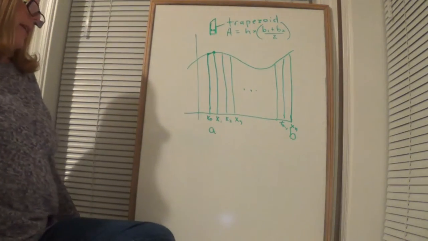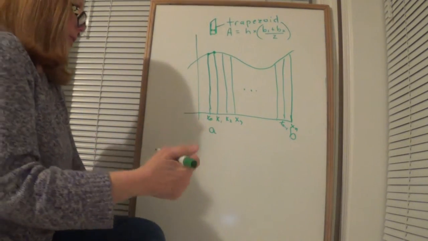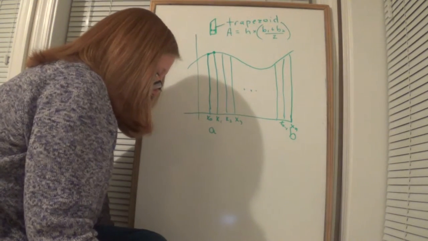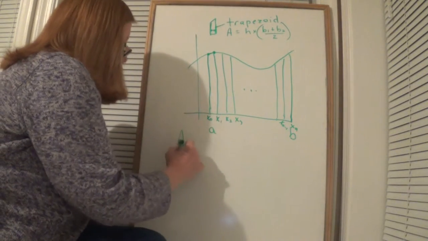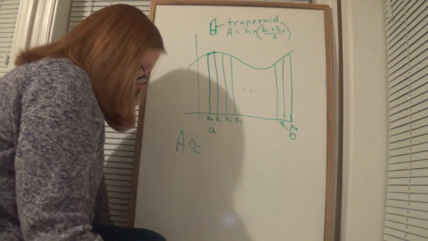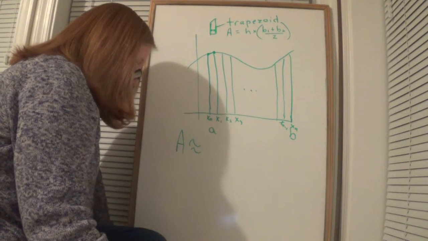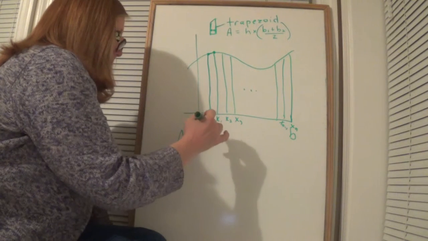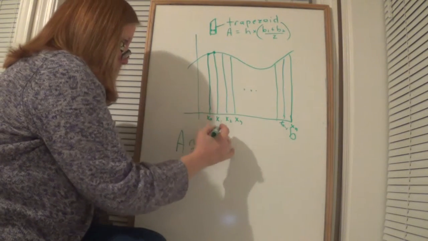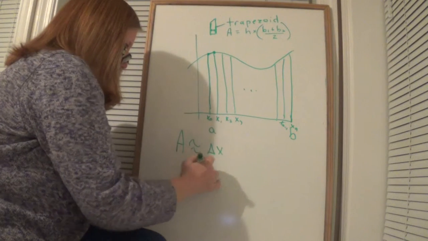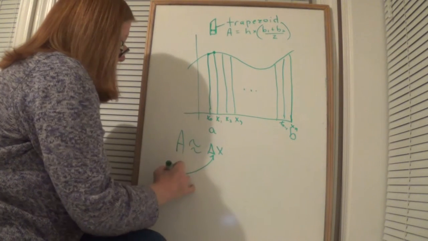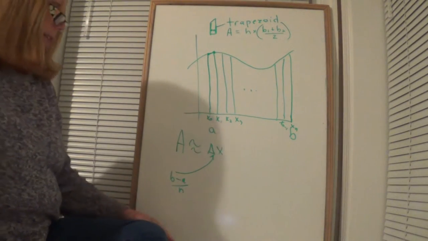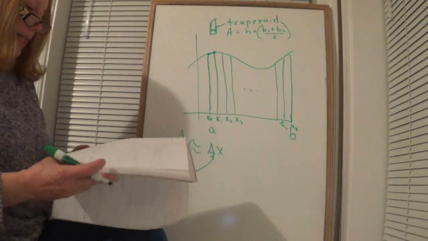So with that in mind, let's see if we can come up with a general formula for our trapezoidal method. So we're going to find that the area equals approximately we're going to add, the first one, we're going to take the height, which is change of x. And we already know from previous times that it's b minus a divided by the number of boxes. But we're not going to write that every time. We'll just call it change of x.